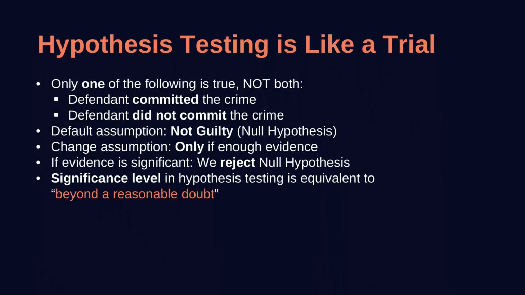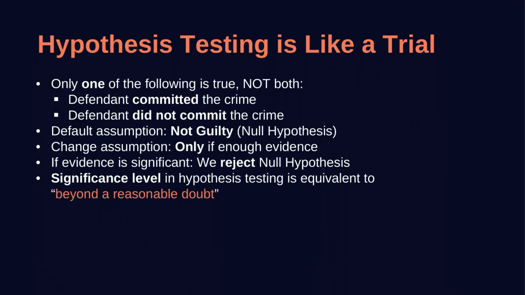Let's go back to our comparison with a criminal trial. The defendant can either be guilty or not guilty, and only one of these can be true. At the start, the defendant is assumed to be not guilty. Similarly, in hypothesis testing, we begin by assuming that the null hypothesis is true. We can only change this assumption if the data provides strong enough evidence to reject it.